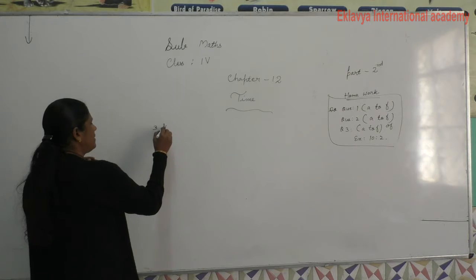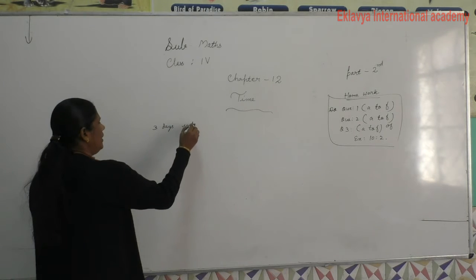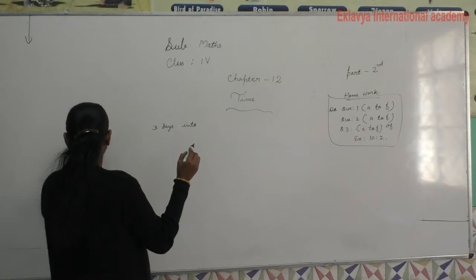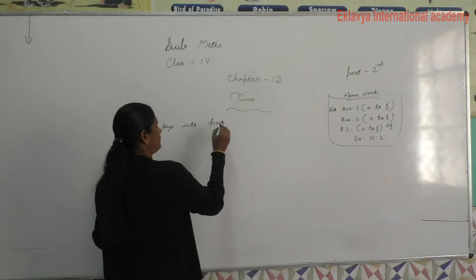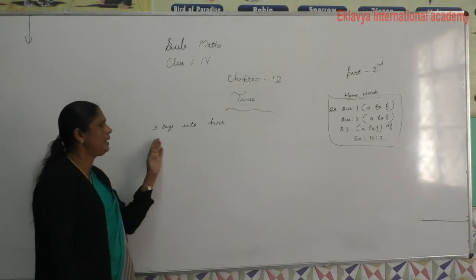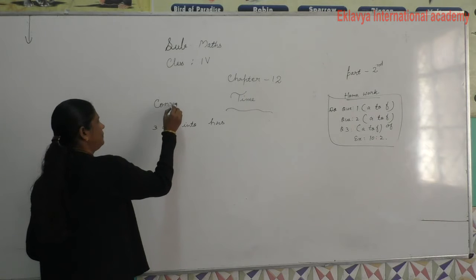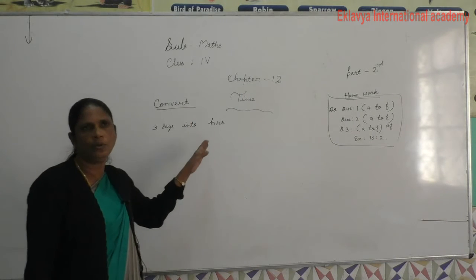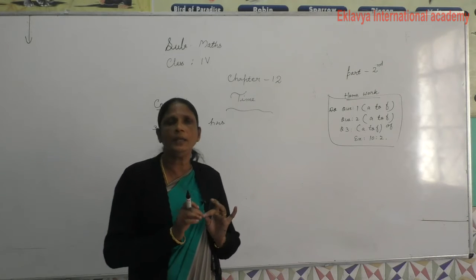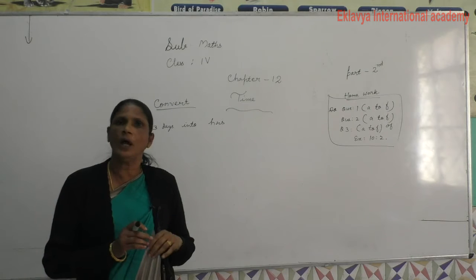3 days into hours. We have to convert days into hours. 1 day is equal to how many hours? 24 hours.